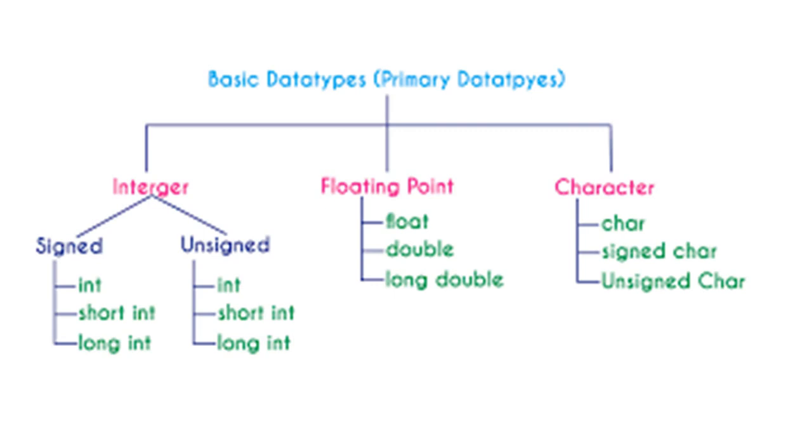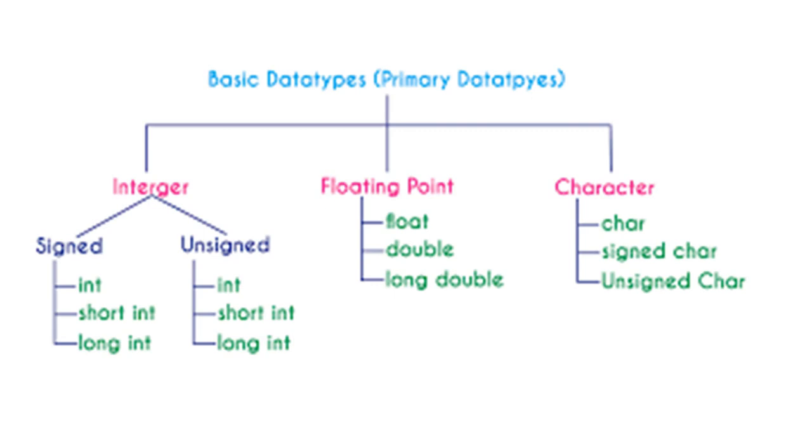Integer, under that signed and unsigned; floating; and character. Integer: signed int, short int, long int; unsigned int, short int, long int. Floating: float, double, long double.